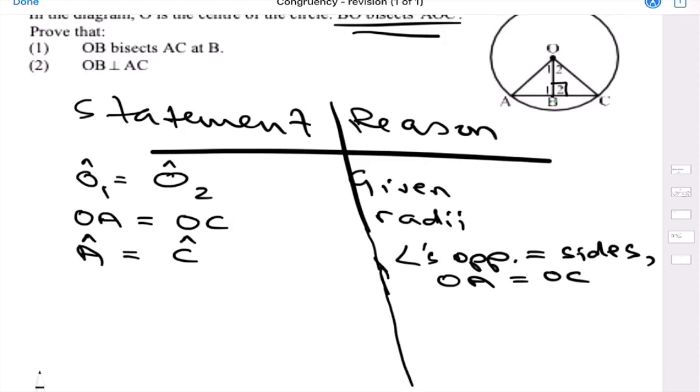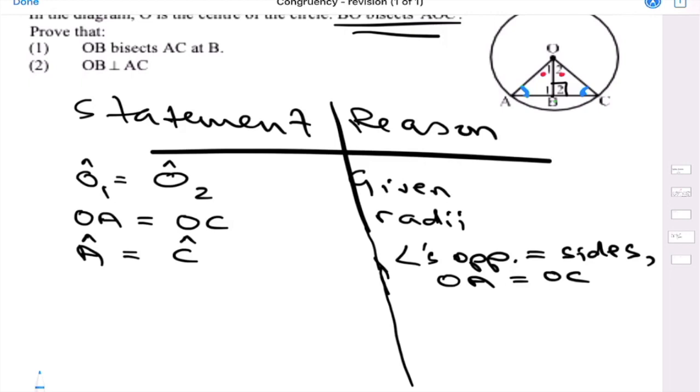Right, so we know all that. Now, if two pairs of angles are equal, like in this case, this angle here is equal to that angle there, and we just proved that this angle here is equal to that angle there.